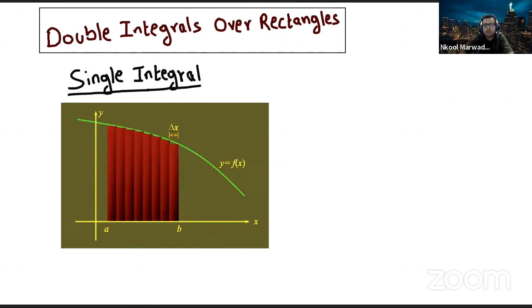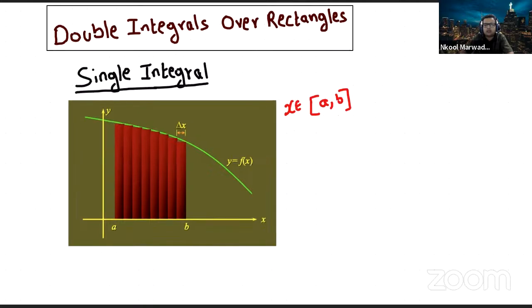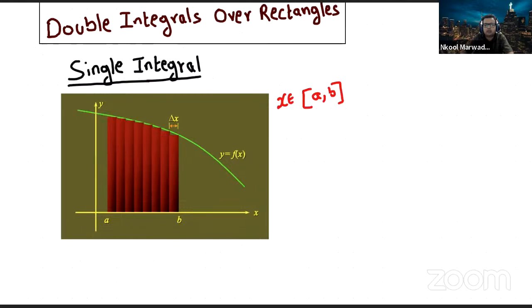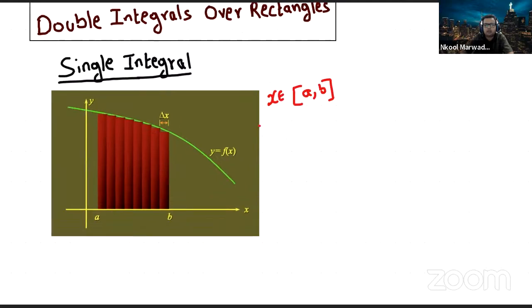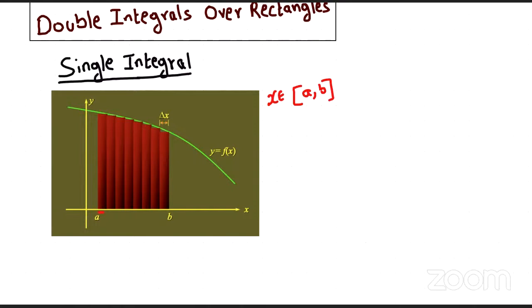In the region a to b, x belongs to a to b, we are breaking this region into n small parts, where the width of each rectangle is delta x, isn't it? Let me draw it again. Yes, sir. Delta x.